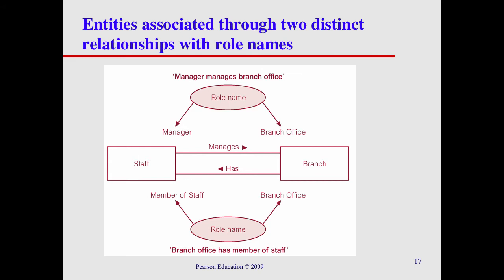So in this case, you're going to have to use the foreign key to figure out the direction of the arrow. In this case, the branch is going to have the foreign key. It's going to have a staff number in it indicating which staff member manages it. Okay?